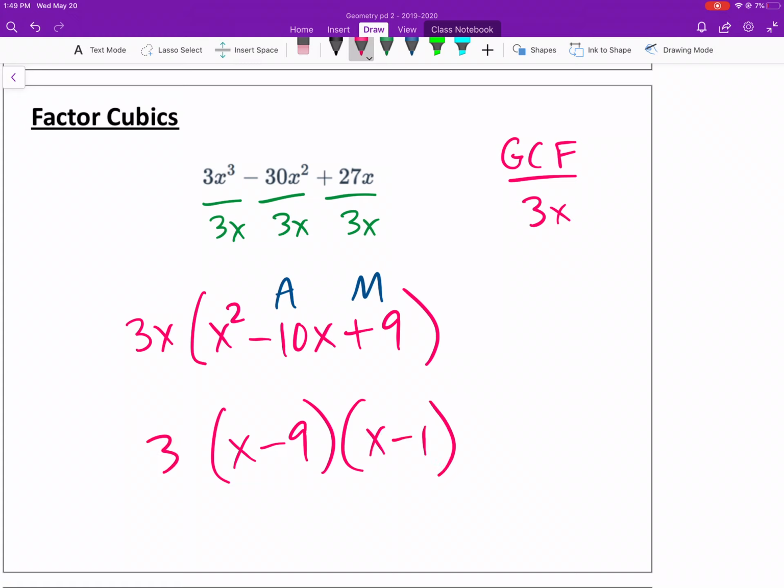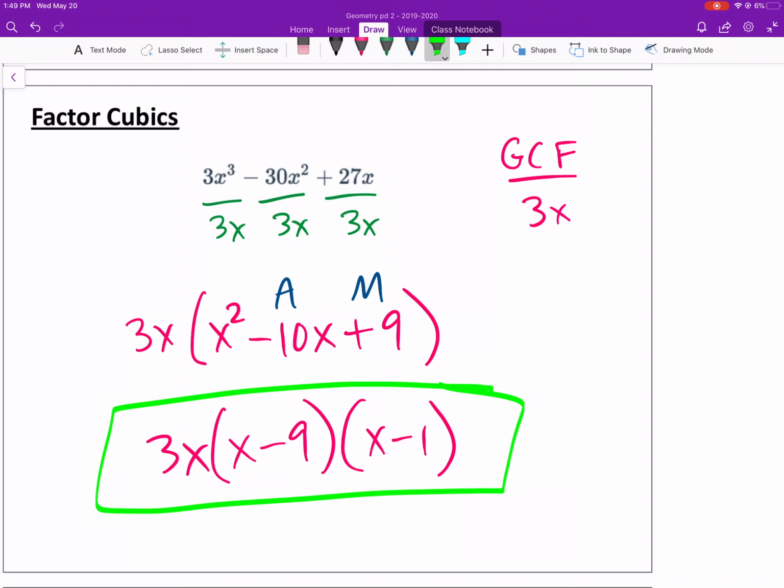Don't forget that 3x is still out front. Because negative 9 times negative 1 is indeed positive 9, and negative 9 plus negative 1 is negative 10. So now we're done. With this factoring cubic section of Delta Math, just make sure you're looking out for GCF and then something else, maybe dots, AM, AC.